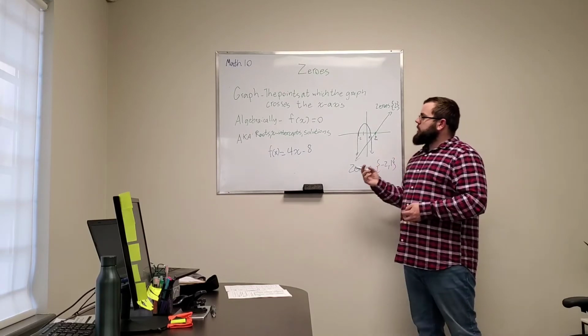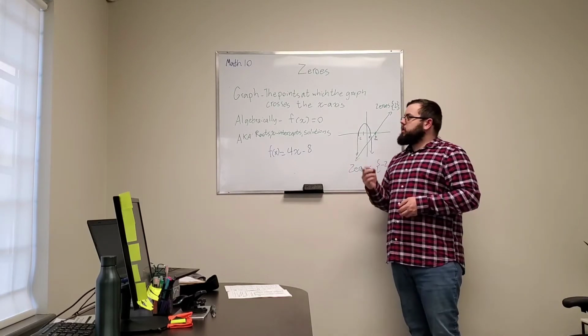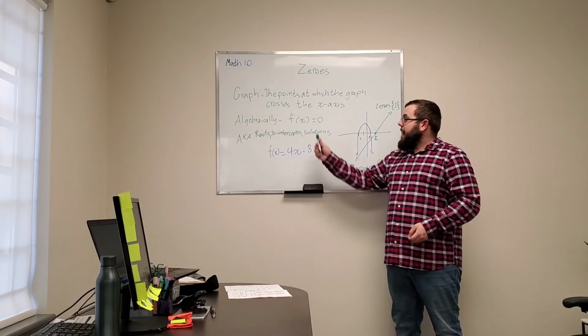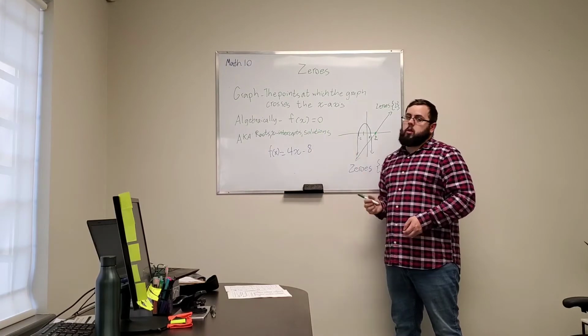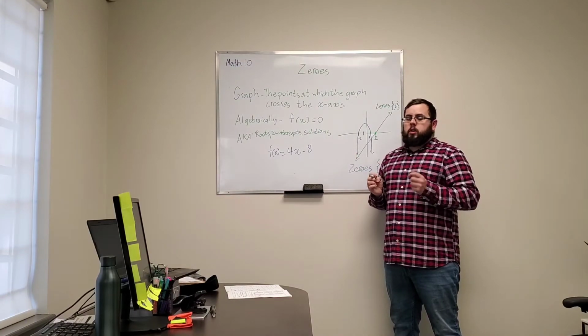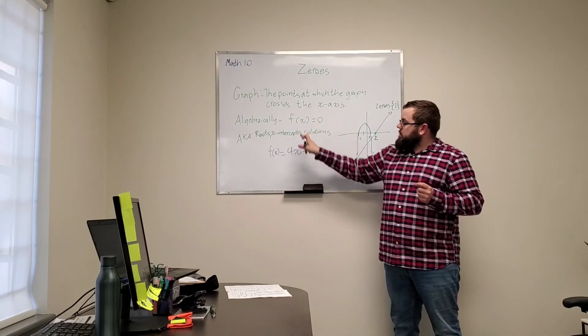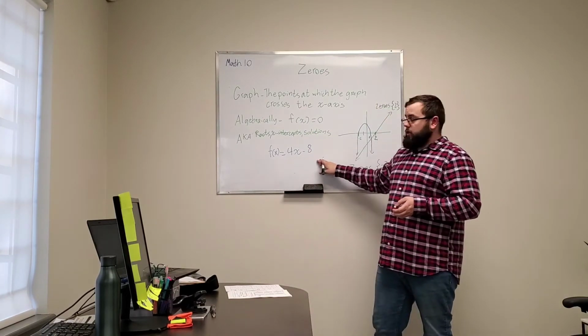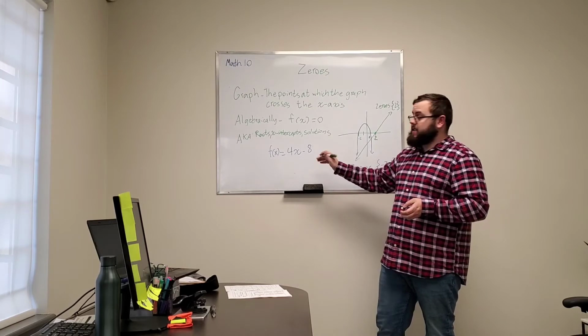Now, when we're talking about algebraically, we are trying to find values of x such that f of x equals 0. So we're going to try and find a value for x so that the whole equation equals 0. This is our function, for example, f of x equals 4x minus 8.